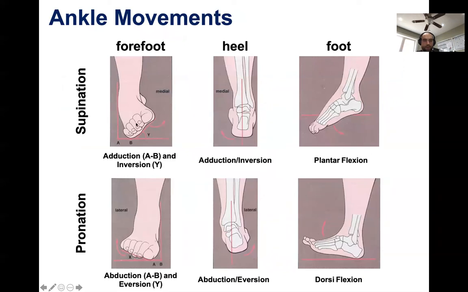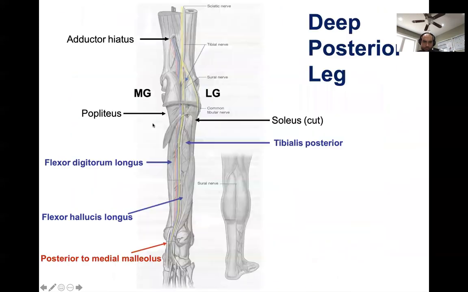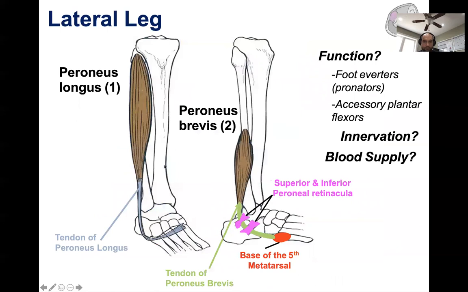And if you compare inversion to eversion, you can already tell that we have more inversion range of motion than we do eversion. So these guys are the primary foot everters.